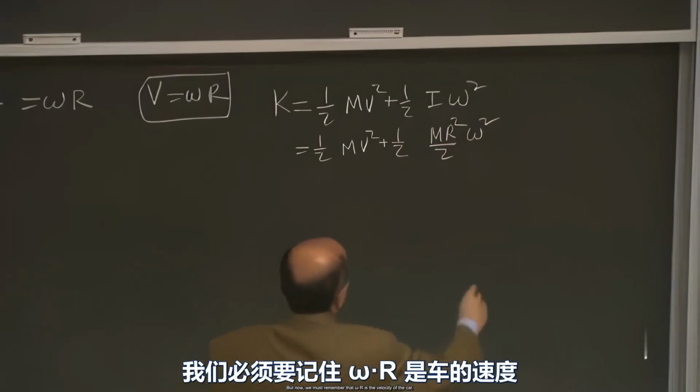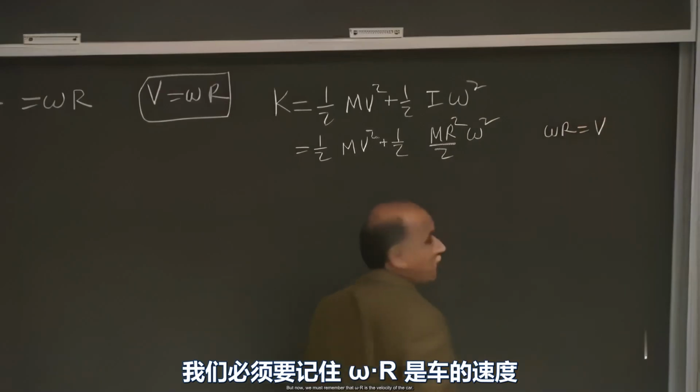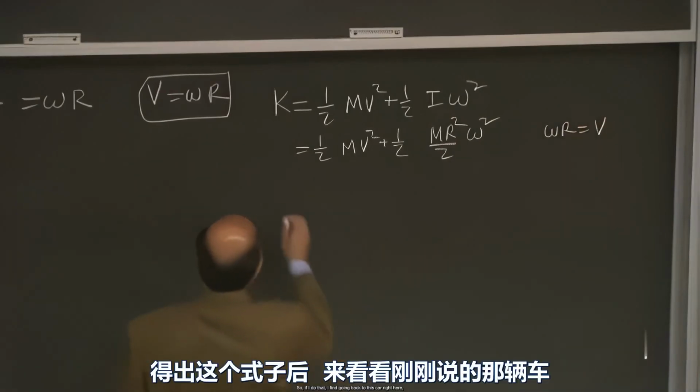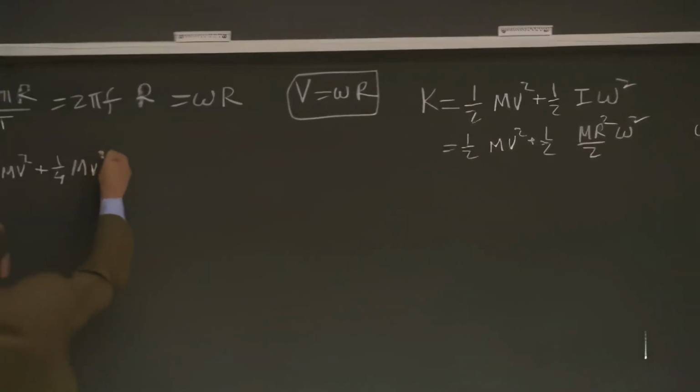But now we must remember that omega r is the velocity of the car. So if I do that, I find, going back to this corner here, K equals 1/2 m v squared plus 1/4 m v squared.